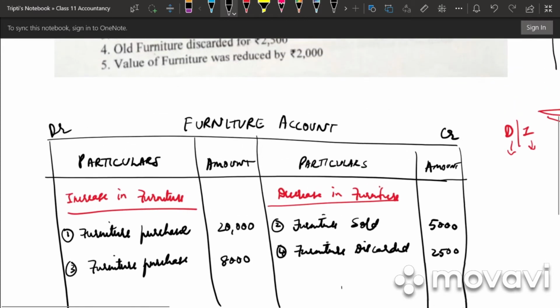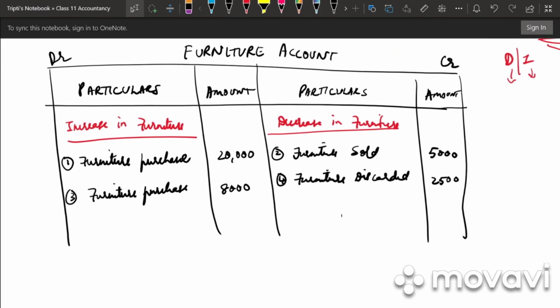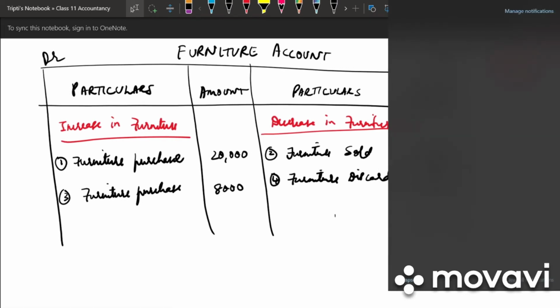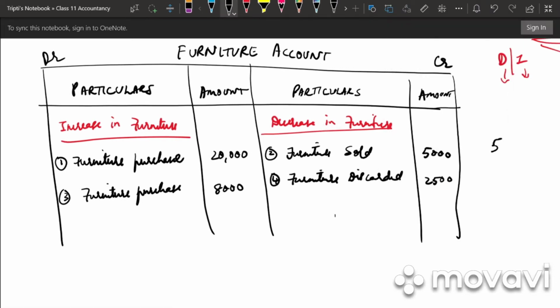Last we have value of furniture was reduced by 2,000. Say for example, you had purchased a furniture on 1st April 2019 for 5,000. But on 31st March 2020, your value of furniture is reduced by 2,000. Which means the 2,000 reduction in our furniture is depreciation.